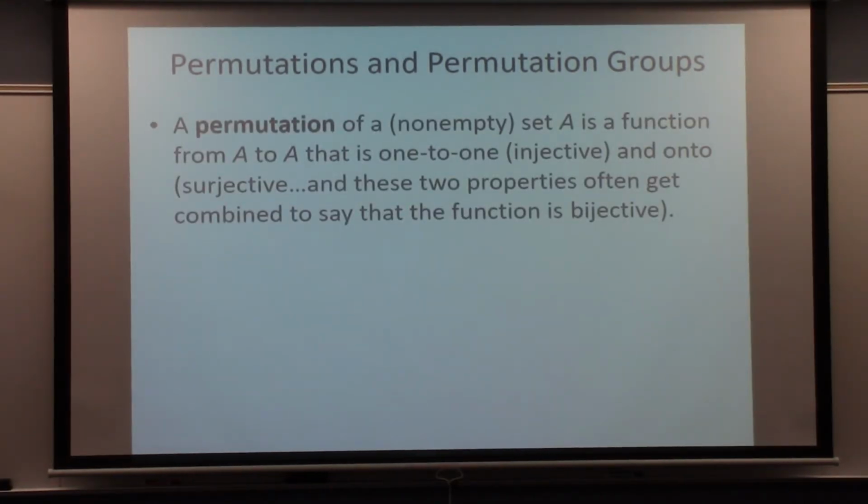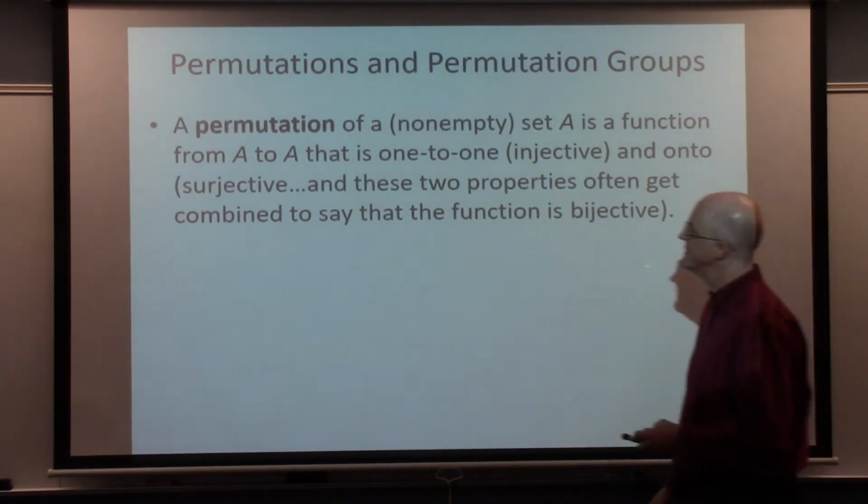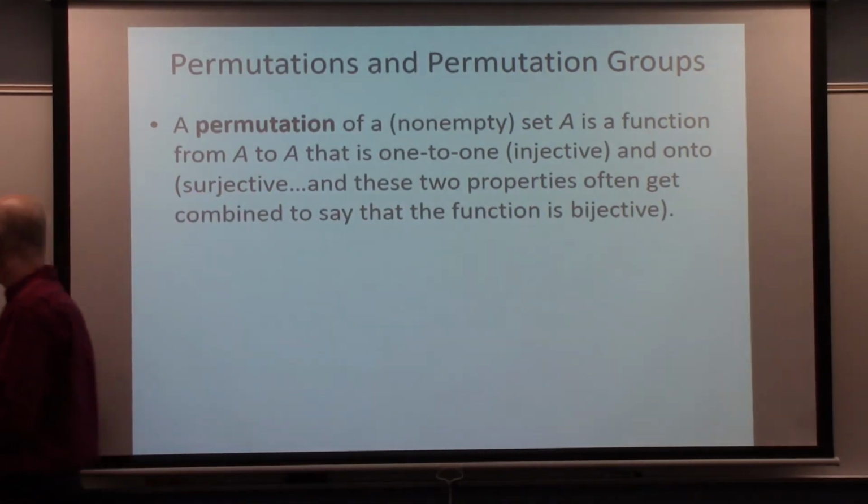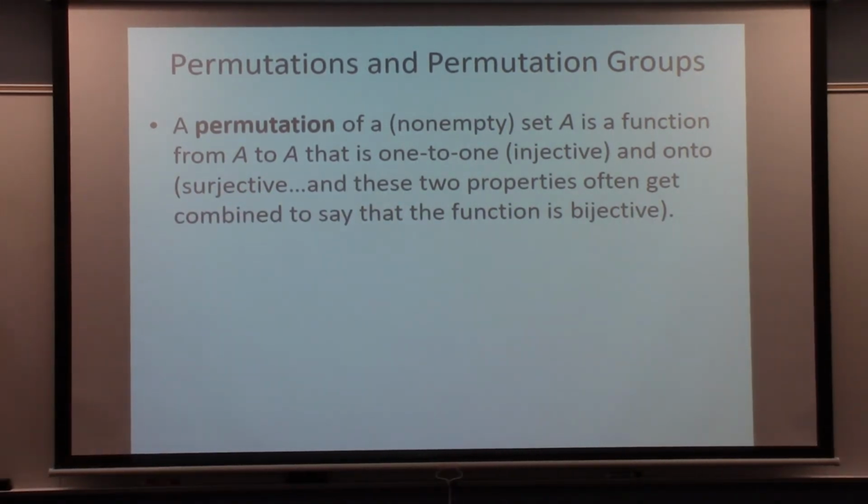First of all, again, a permutation of a non-empty set is a function from that set to itself that is one-to-one and onto. I'll remind you that one-to-one also is termed injective, and onto is also called surjective, and when a function is both one-to-one and onto, we often say the function is bijective, or is a bijection, just in case you ever hear those words in the future.